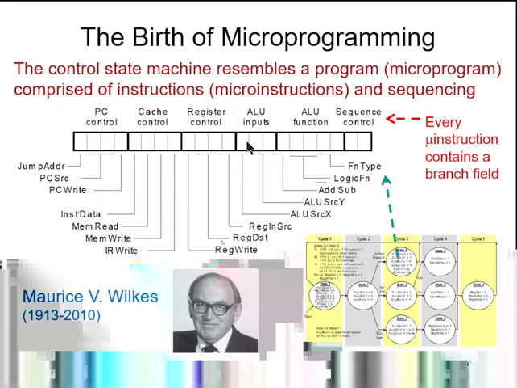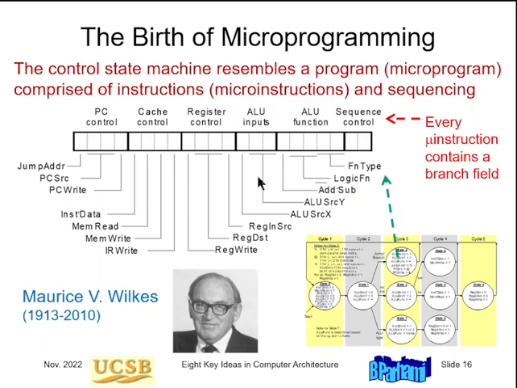So for example, ALU inputs. One bit says where the ALU source is, source X. The first input to the ALU comes from somewhere according to the value of this bit. ALU source Y, the second operand to the ALU, comes from 4 possible places depending on the values of these 2 bits. And let's say the ALU is just an adder subtractor, and this signal says whether to add or subtract.